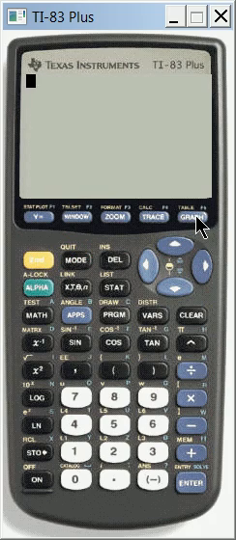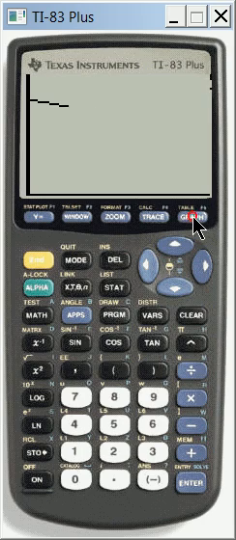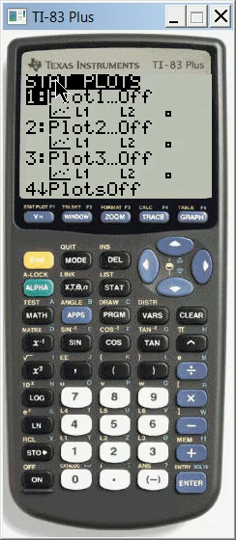Now if we hit graph, we should see 2 graphs if they're set up correctly. We'll probably only see 1 graph the first time, and that will be the function. And there's that function. Now we have to go back to second stat plot and turn on our stat plot. That would be effectively your list data.